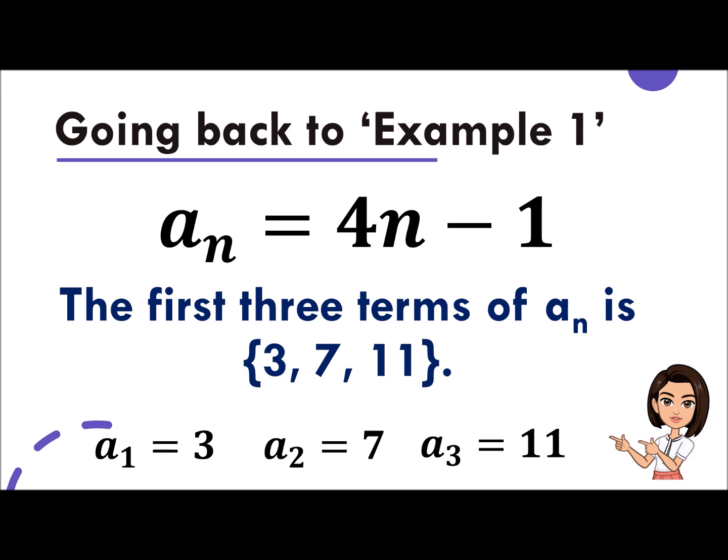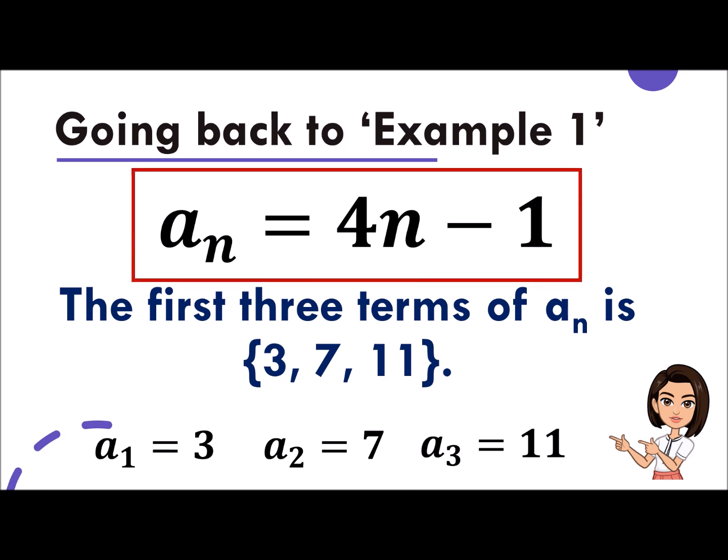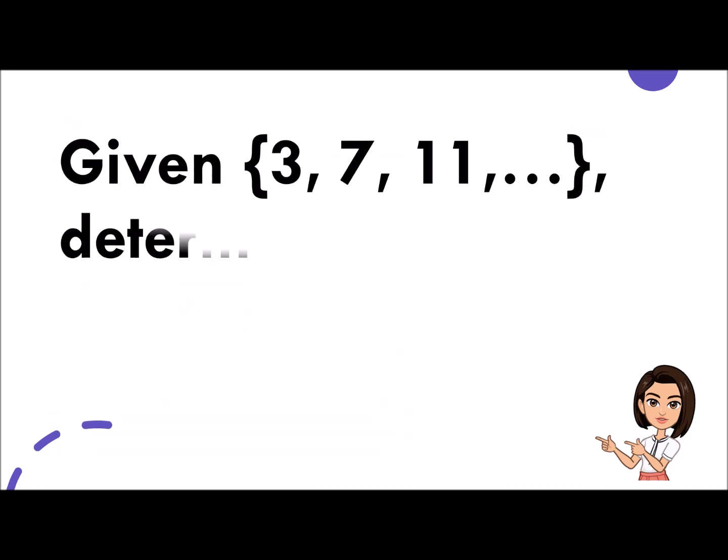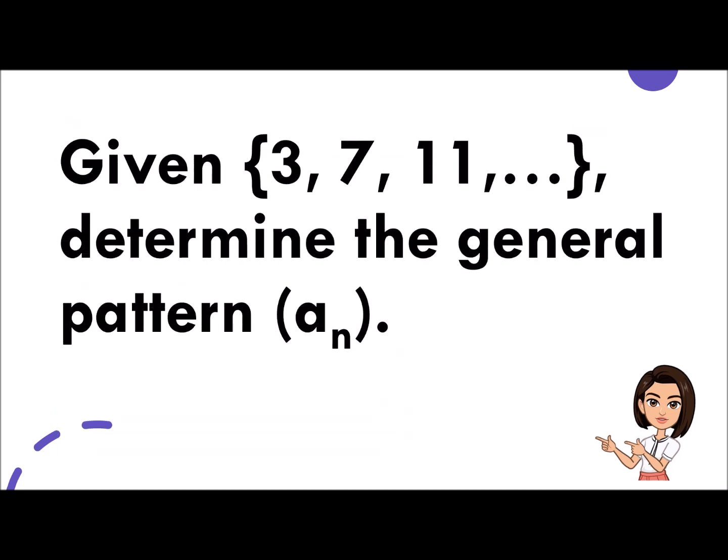So our goal right now is the general pattern. Okay? So we need to generate this general pattern given the terms of a sequence. So let's proceed. Given 3, 7, 11, determine the general pattern or known to be a sub n.